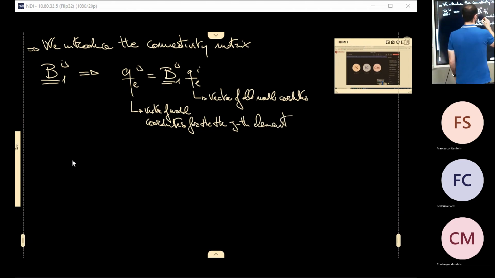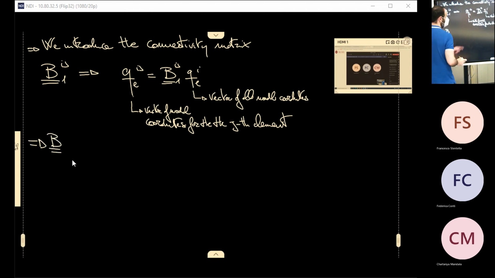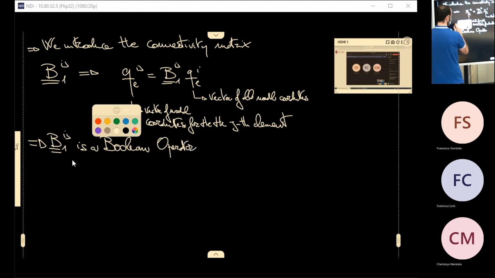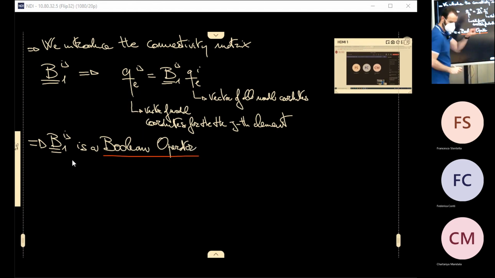This means, as I was saying, please note that B1 has two indices. One is for the body and one is for the element, meaning that each element has its own connectivity matrix. It's a Boolean operator, which makes a down selection.